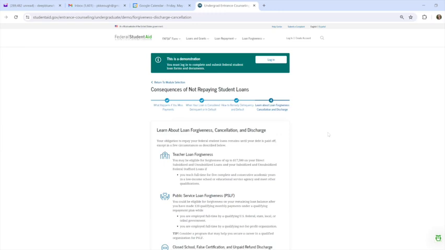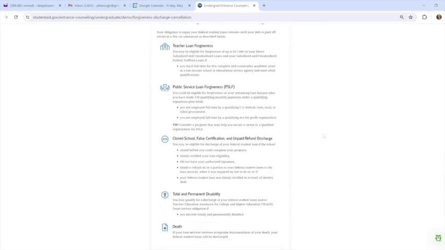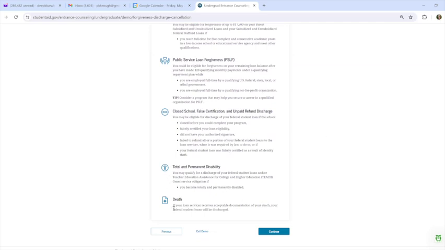Then there are also some programs they're pointing out. If you're going to study to be a teacher, there could be teacher loan forgiveness. If you're going to go into certain careers in public service, there's loan forgiveness. And then a few others, if you have, God forbid, a death or a total and permanent disability, or a closed school or false certification.